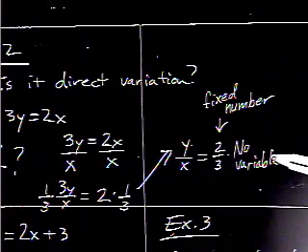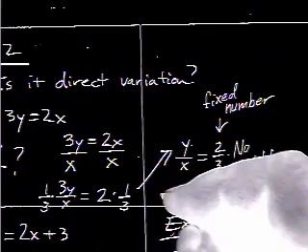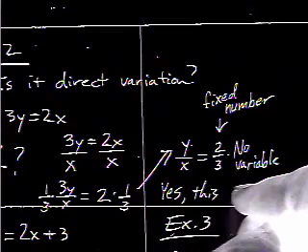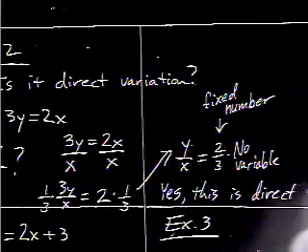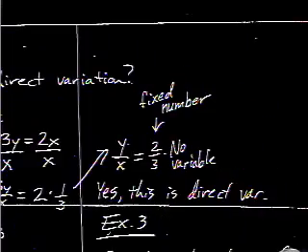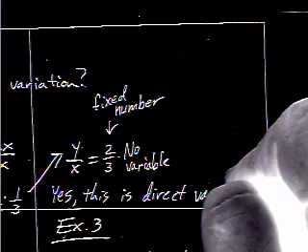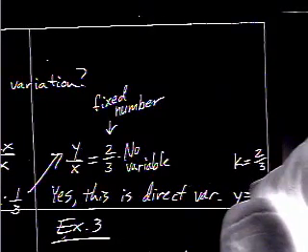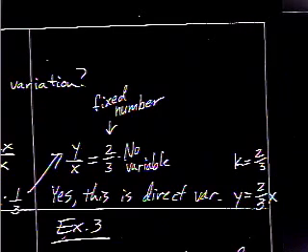So y over x equals k. Yes, this is direct variation. And k is equal to 2/3, and the equation is y equals 2/3 x. Okay? All of that is true.